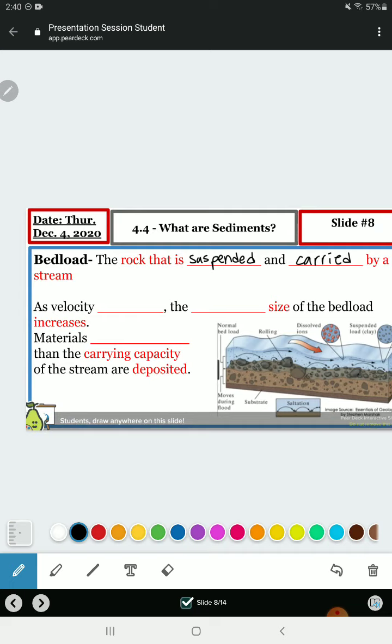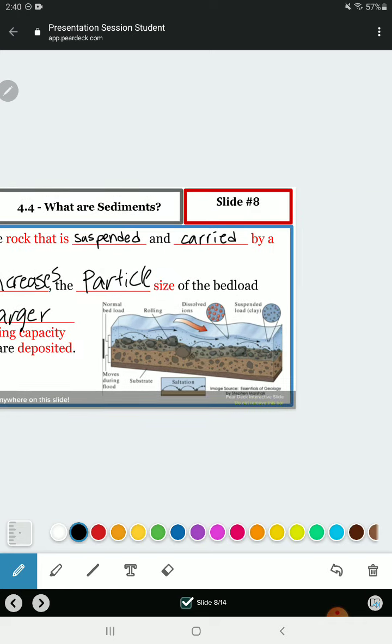As velocity increases, the particle size of the bedload increases. Materials larger than the carrying capacity are deposited. If you look in this diagram, the normal bedload is going to be what's carried, right?